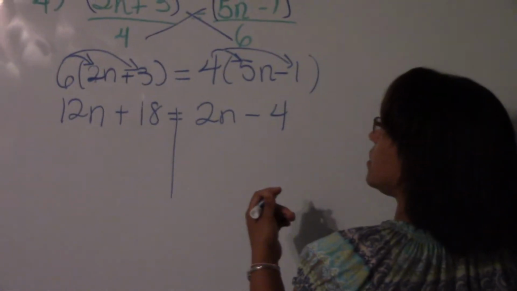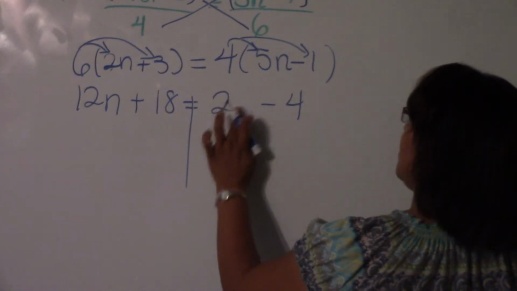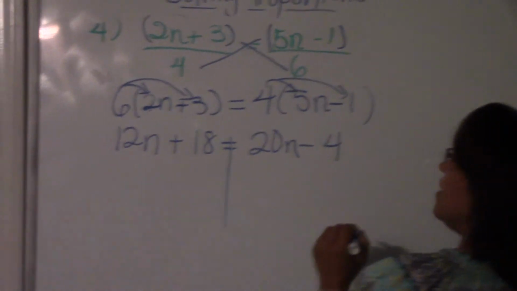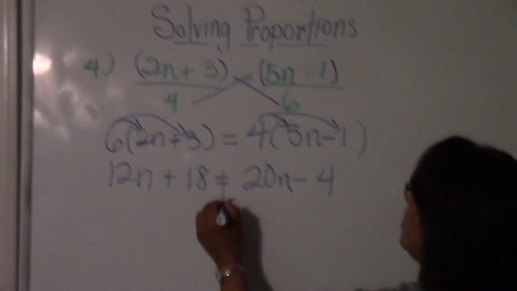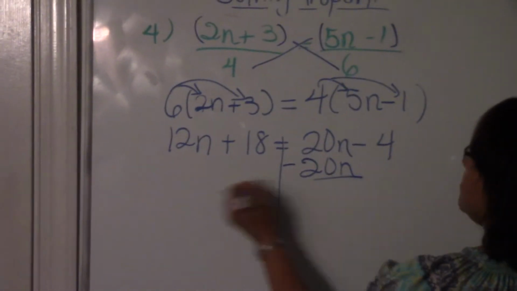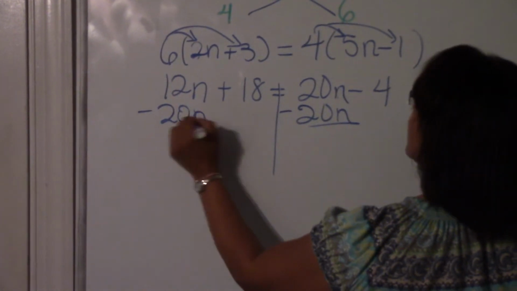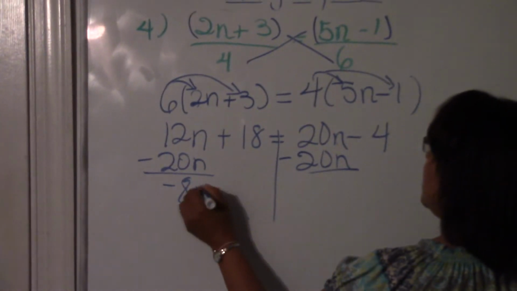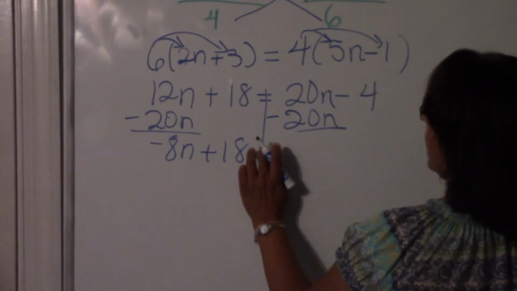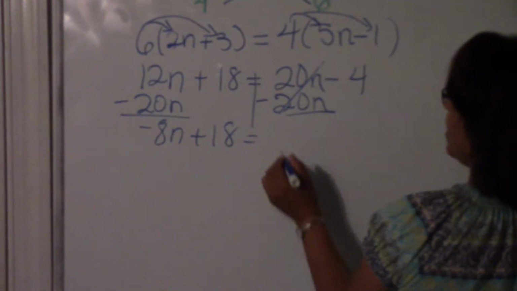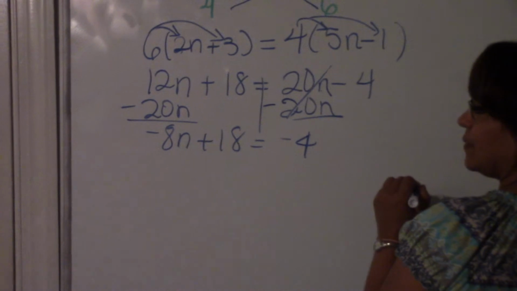So we subtract, oops, I forgot my 0, so sorry. So now we're going to subtract 20n from both sides of our equation. Get it if you noticed that, very good. So negative 8n plus 18 is equal to, they go away, and we have negative 4.